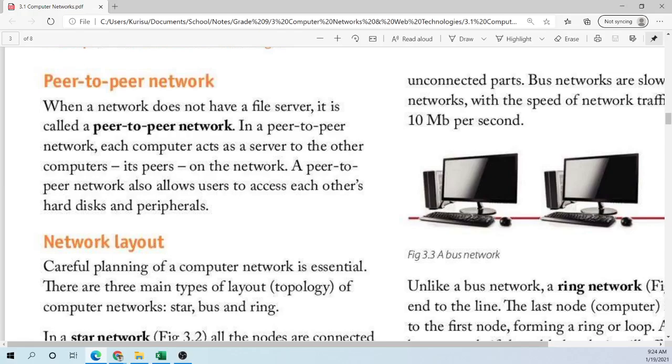So all the persons that are on the network, say for example, what you have at home can also be considered a peer-to-peer network because there is no file server, there is no server at your home. So in order for you to communicate with the devices or share resources with the devices that you have at home, that will be considered a peer-to-peer network. So you have, say for example, two laptops connected to your network at home.